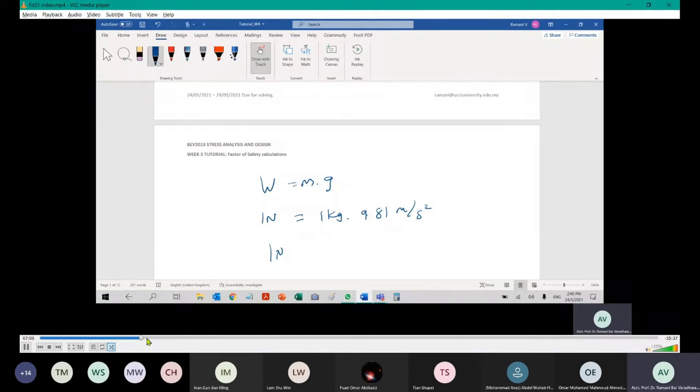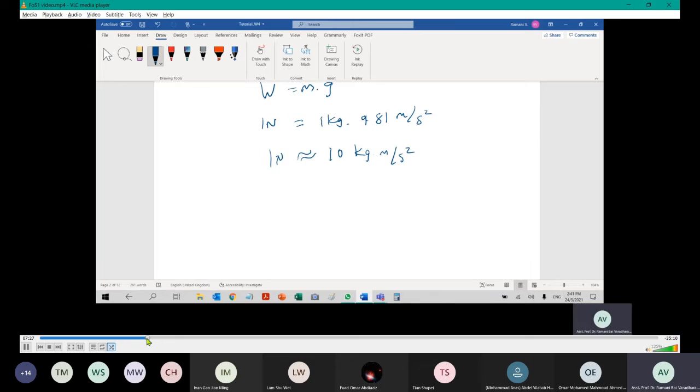When I approximate it as 9.8, or approximately 10, 1 newton is 1 kg meter per second squared. Bear in mind that when we go for demonstration or experimentation, you need all these terms just to recall at this point of time.